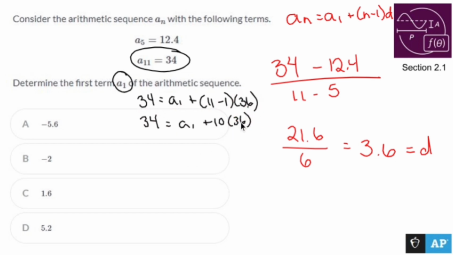That's going to be 34 equals a sub 1 plus 36. There we go.